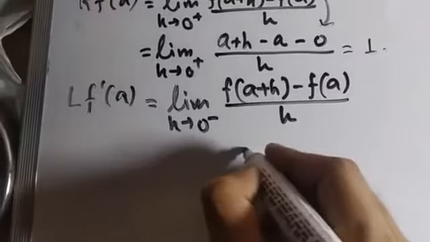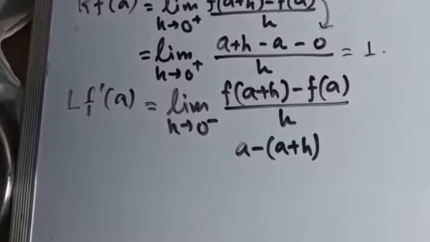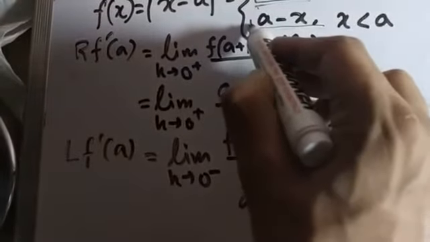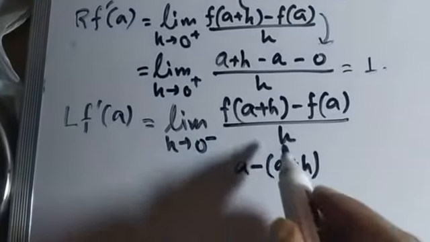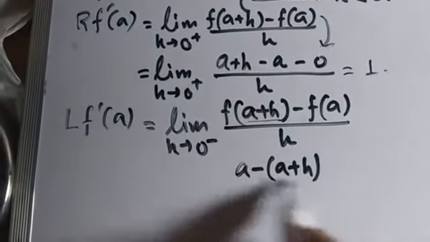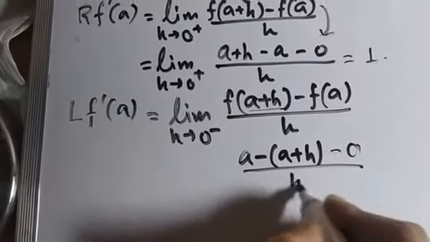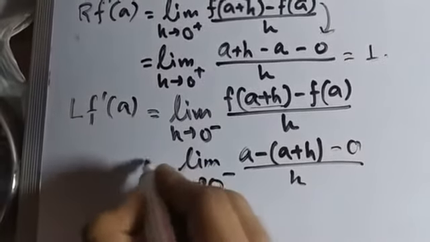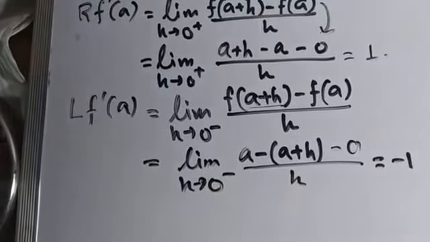It will be a minus a plus h. That is, from a minus x we are taking the value. If it is a minus x and in place of x it is a plus h, it will be this value. Again f of a is 0, so this is divided by h, limit h tends to 0 minus, and you can also easily verify that this value is minus 1.